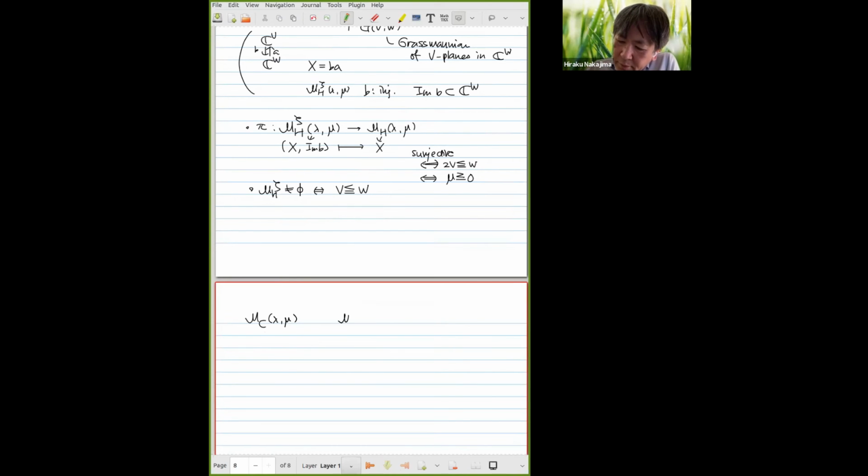So I can deform by mass parameter. And contrary to the previous case, this is always birational for arbitrary lambda, mu. And so I'm usually interested in this one, which is where I set the mass parameter to be 0.